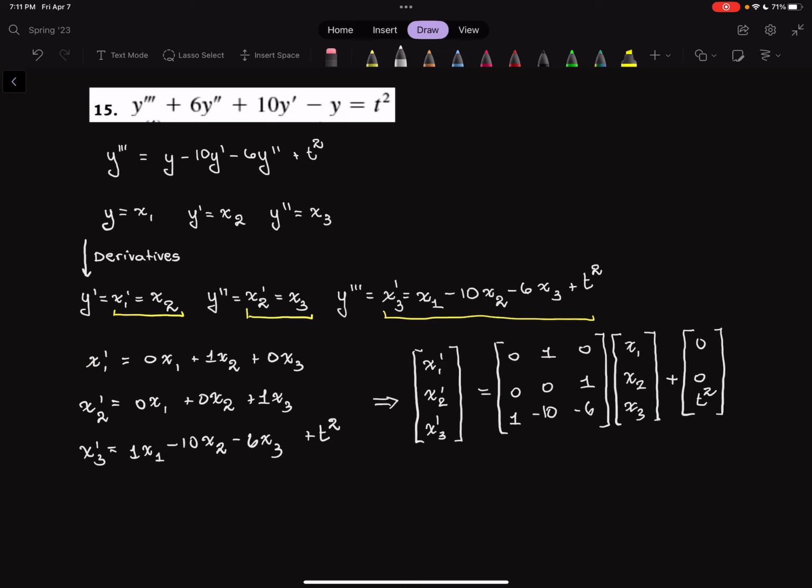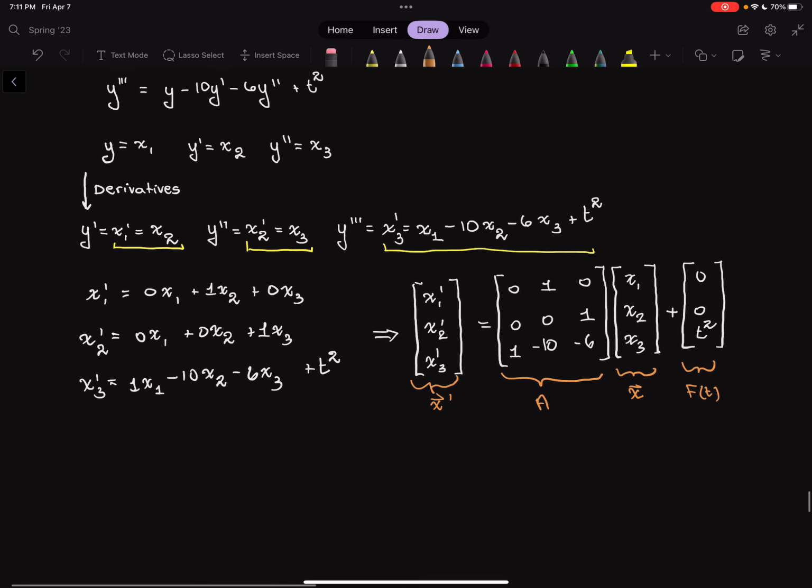And again, I would define this to be the x vector derivative, this to be my A matrix, this to be my x vector, and this to be my forcing function.